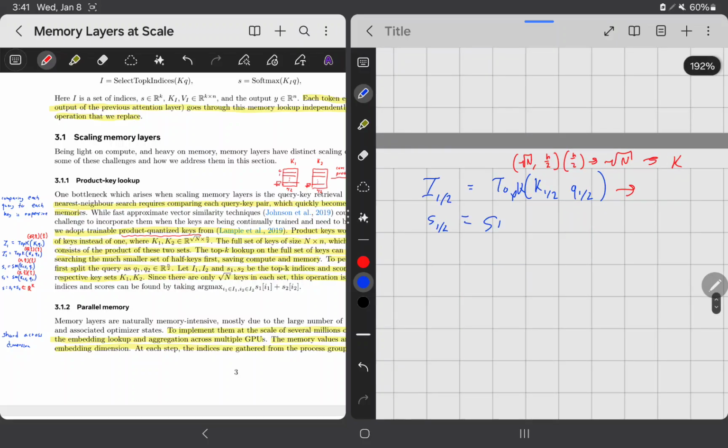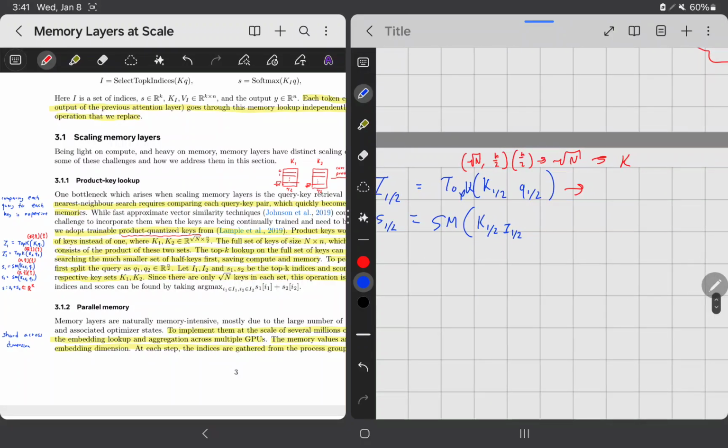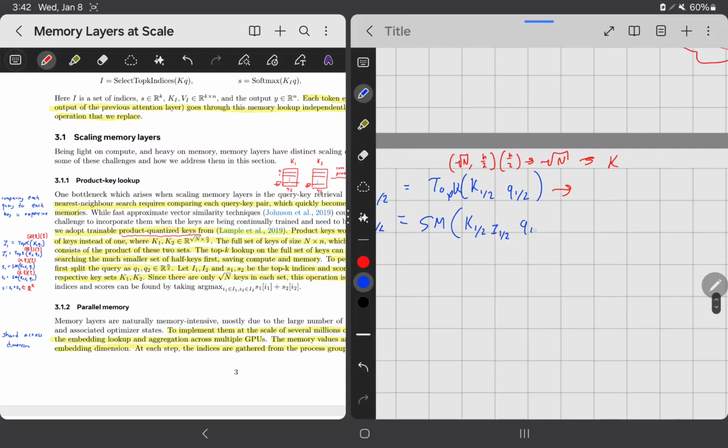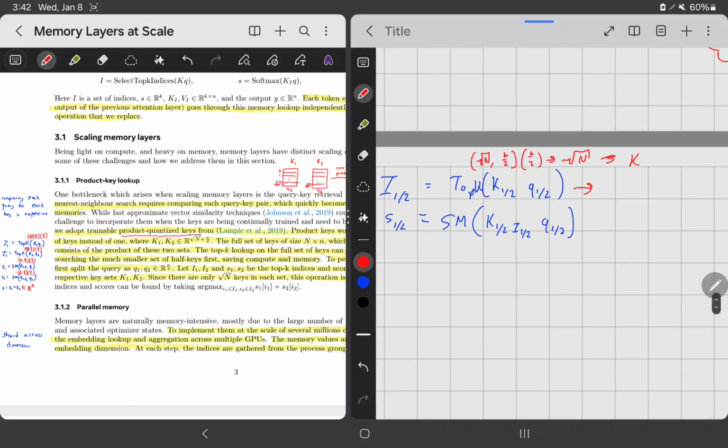So S1 and 2, which are your g of x, or g of q in our case, is going to be equal to the softmax of K1 or 2 subsetted by I1 or 2, multiplied by Q1 or 2. So basically, it's the equation we had above, except you are working with K1 or 2 and Q1 or 2. K1 or 2 is, again, going to be root n by n over 2.